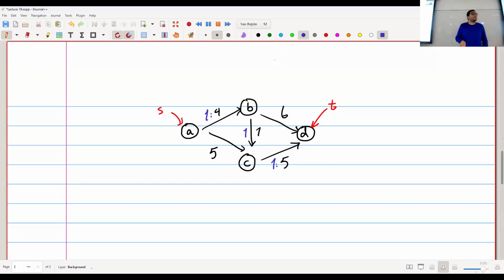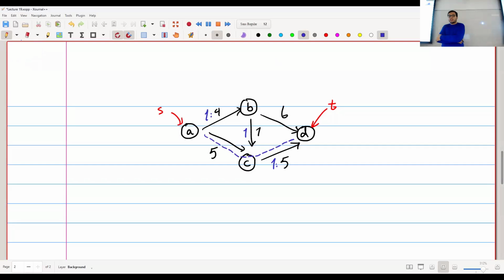Okay. Now I can just continue the same thing. Try to find another walk from your source to your sink, and let's see if you can add some flow. Now, in this case, the answer is no. Or is it? No, it's not no, actually. I can find this walk.